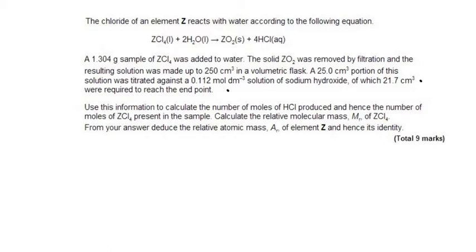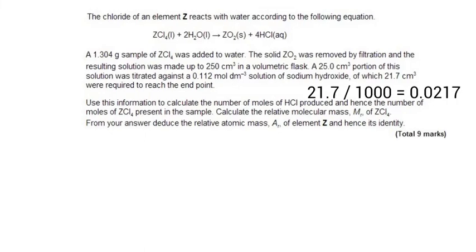Now with the volumes always being in centimetres cubed, you need to first of all convert into decimetres cubed, and to do this you take the value and you divide by 1000. So this gives us an added volume of 0.0217 decimetres cubed.